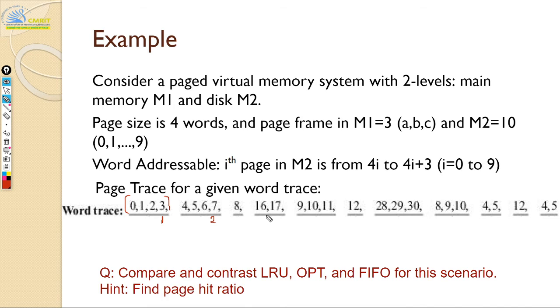It's actually a very simple thing. You have 0, 1, 2, 3, 4, 5, 6, 7, 8, 9, 10, 11, 12, and so on. It's just sequential memory. You will group this and call it page 1, the next 4 you will call page 2, 8, 9, 10, 11 you will call page 3, 12, 13 and so on will be page 4. So which page does this 8 belong to?